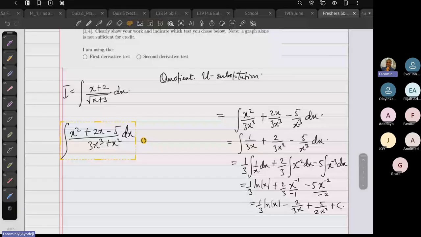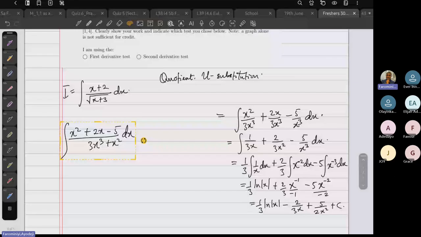If I split that, it is going to lead into some partial fraction eventually, and I don't want to go into that. So let me remove the, so we have 3x cubed plus x squared minus 5. Let me put the minus 5 in the denominator.